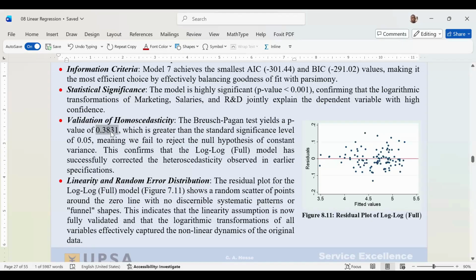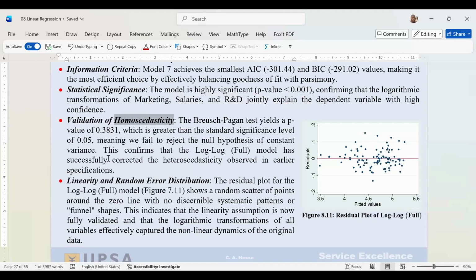So a big p-value means that the homoscedasticity assumption for the log full model has been validated. So it means the log transformation has solved the problem of homoscedasticity.